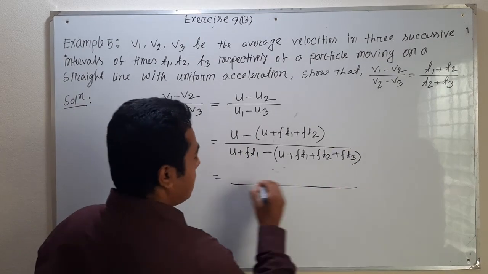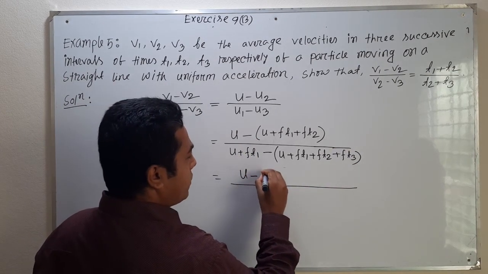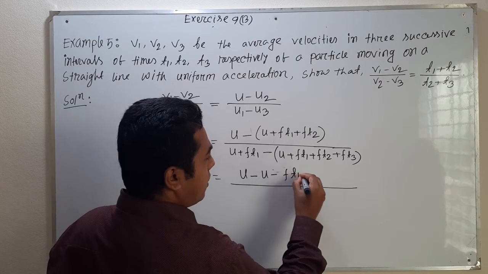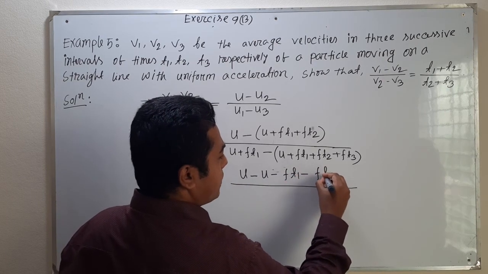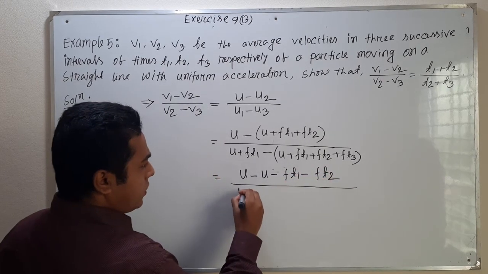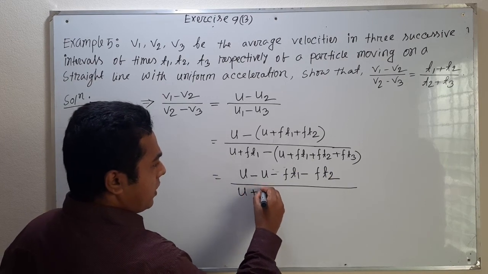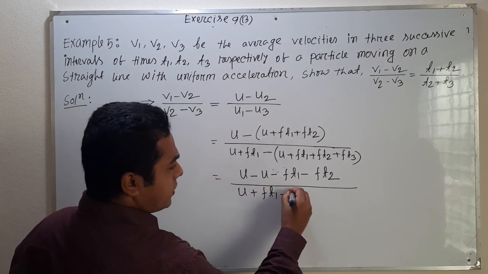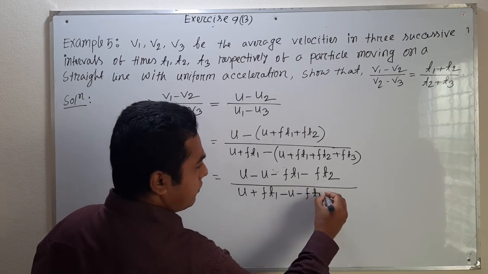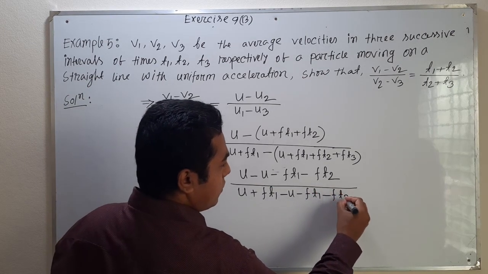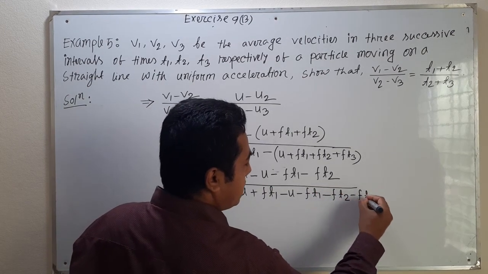Then u minus u minus ft1 minus ft2, over u plus ft1 minus u minus ft1 minus ft2 minus ft3.